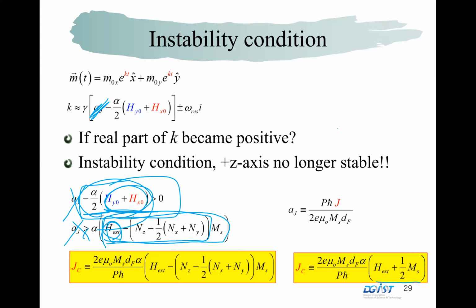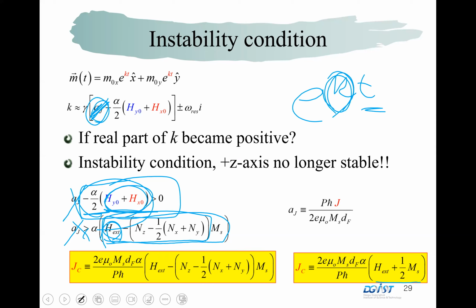Initially I showed the current is just 3% larger than the critical current density, so it's almost the same, with only 3% remaining. So the K value is positive but small. We have a motion of exponential e to the kt, which is very small, meaning it requires a large time for the switching. But if you have a large K, meaning large current, we need a small t for the switching.